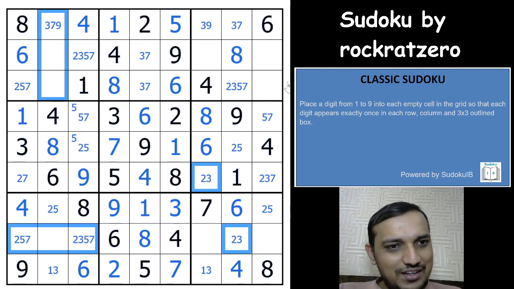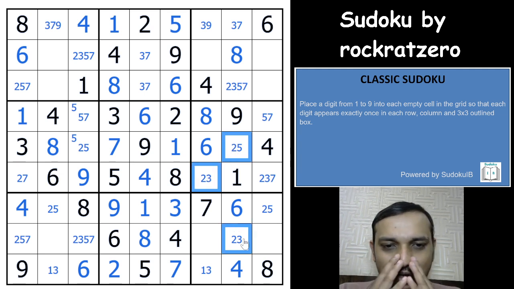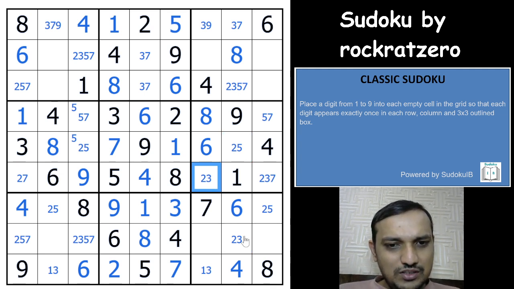It's really complicated, because with very few digits left to solve, it's easy to see such complex logic. I could see that both of these cannot be 3. So if this is a 2, both of these would have to be 3, but I really don't want to go that way. I can see the logic immediately. See, if both of these are 3, I'll just show you what the logic is.